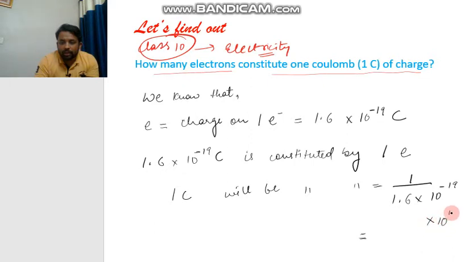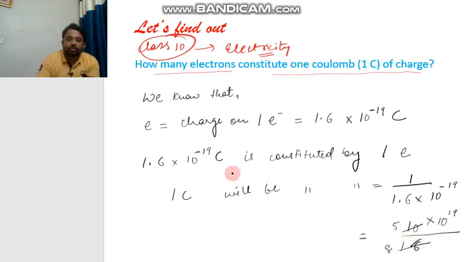10 raised to power 19 goes to the numerator, it becomes 10 raised to power plus 19, and here it is 1 upon 1.6. So the point is removed, here comes 10, 2 5 times, 2 8 times, so it is 5 upon 8. So I can further write it as 50 upon 8 into 10 raised to power 18.